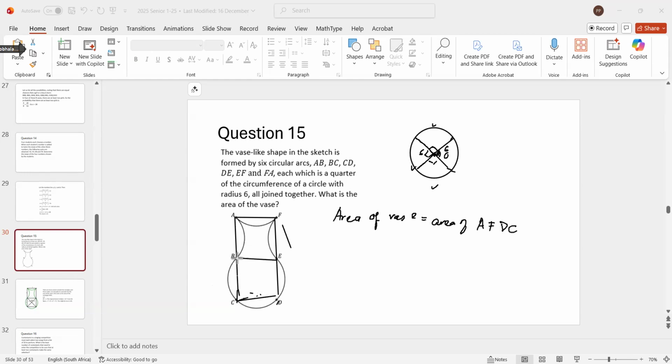Now, what I want to say is the rectangle is really made up of two squares. So if we call this length X, these are squares, as we saw.